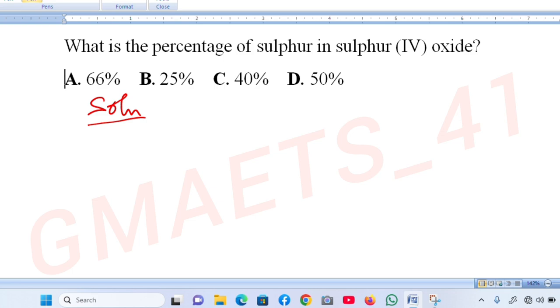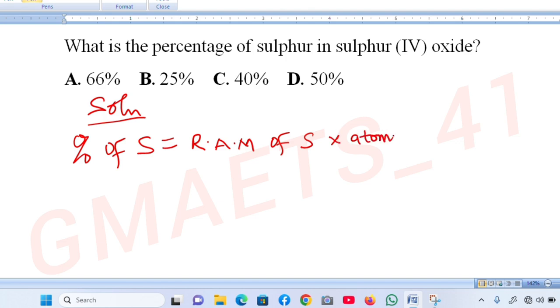Solution. Now to calculate the percentage of sulfur in this sulfur IV oxide, it is going to be equal to the relative atomic mass of sulfur, times the atomicity of sulfur.